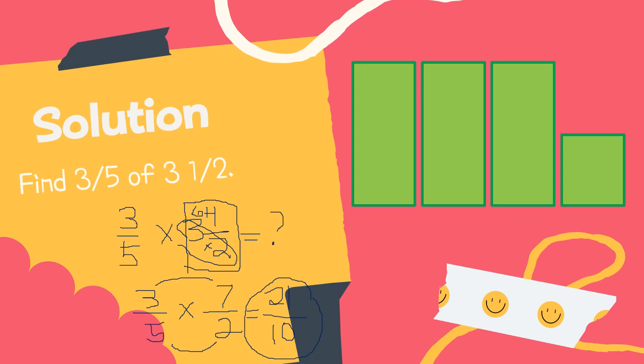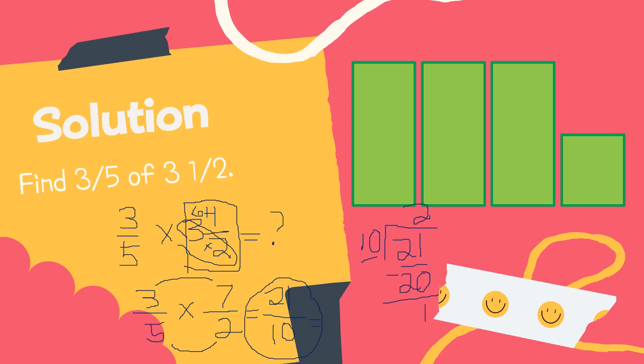And how can we do it? Divide 21 by 10. How many tens are there in 21? 2. Very good. 2 times 10, that is 20. 21 minus 20, that is 1.